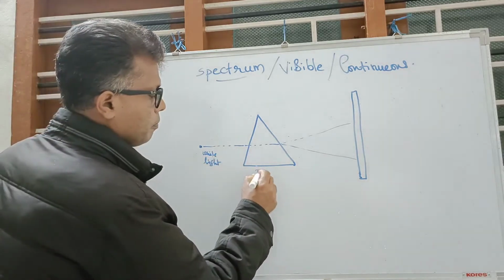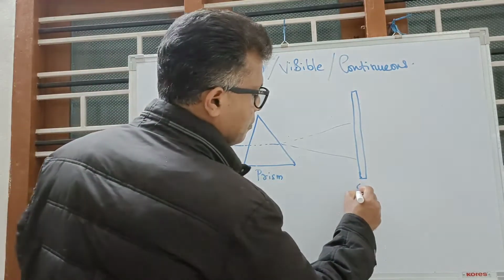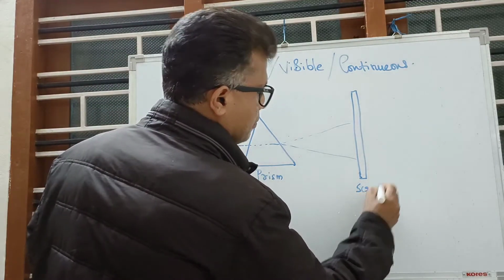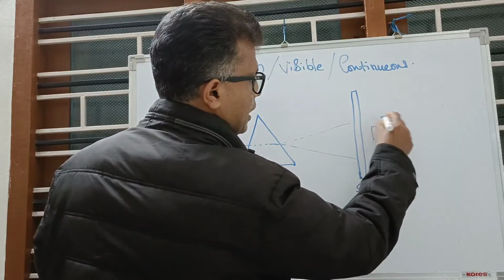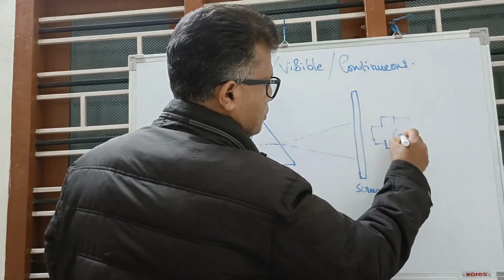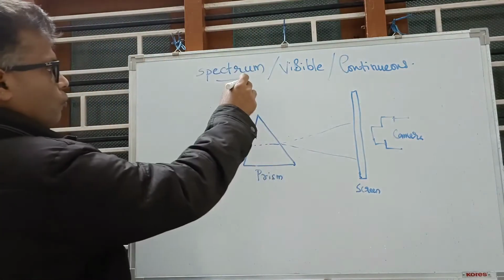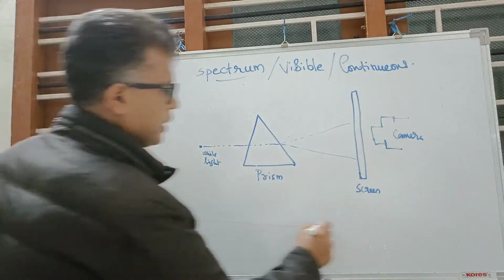This is a prism. This one is a screen. And this one is an observation camera. So this full thing we call a spectrometer.